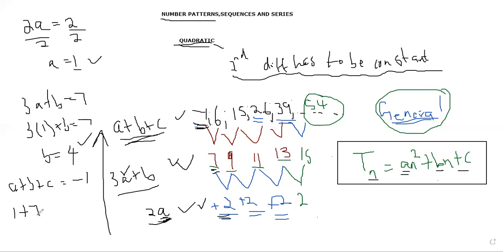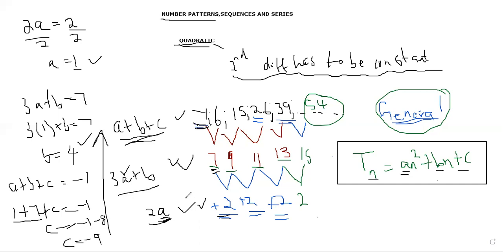Our C is the one we are looking for, right? So that is equal to -1. When you add these two, they will give you +8. You take +8 to the other side, it will be negative. So C will be equal to -1 minus 8, which will give you -9.